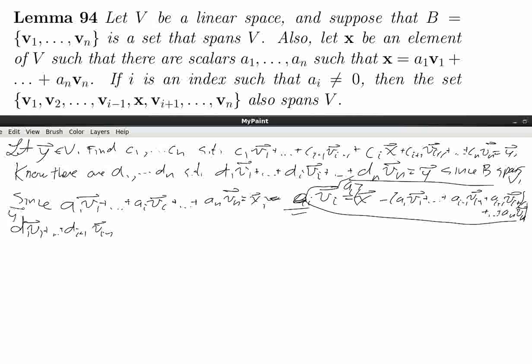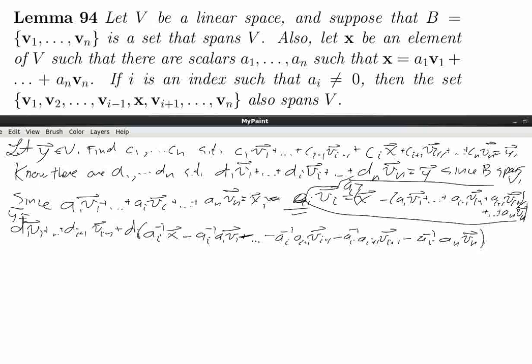Maybe I'll put down y over here. y is equal to d1 plus di vi, except I'm going to replace vi with all this stuff, times ai inverse x minus ai inverse a1 v1 minus ai inverse ai minus 1 vi minus 1 minus ai inverse ai plus 1 vi plus 1 minus ai inverse an vn plus that plus dn vn.